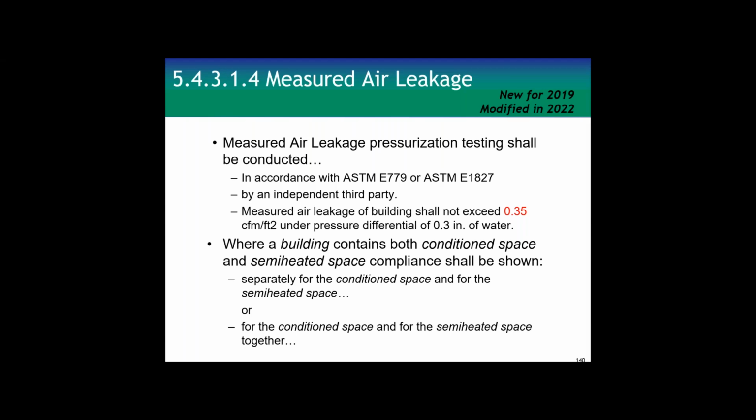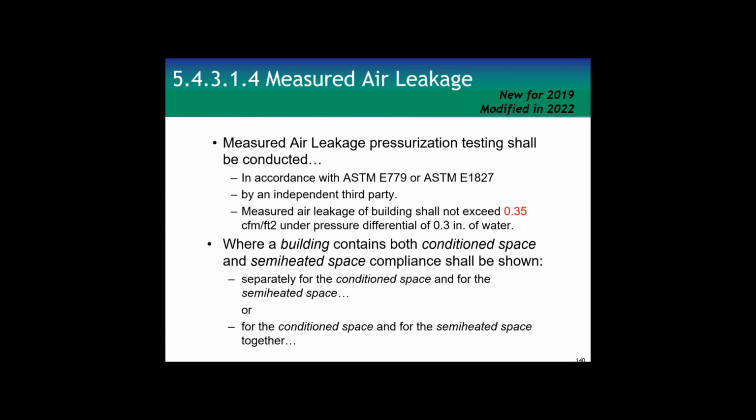So measured air leakage, when you do the test, it's got to end up that the measured air leakage of the building shall not exceed 0.35 CFM per square foot under a pressure differential of 0.3 inches of water. You'll see that a lot of times with 75 pascals when they run the test.